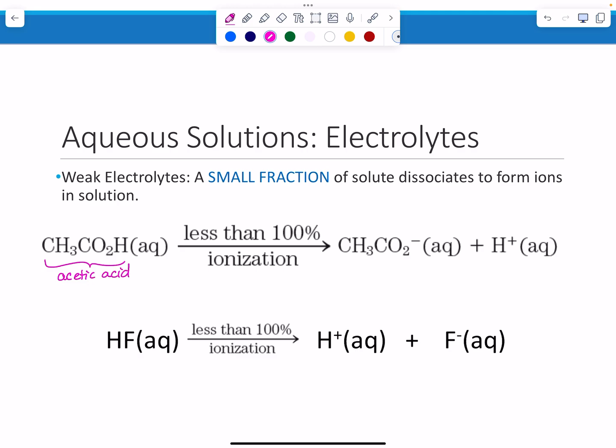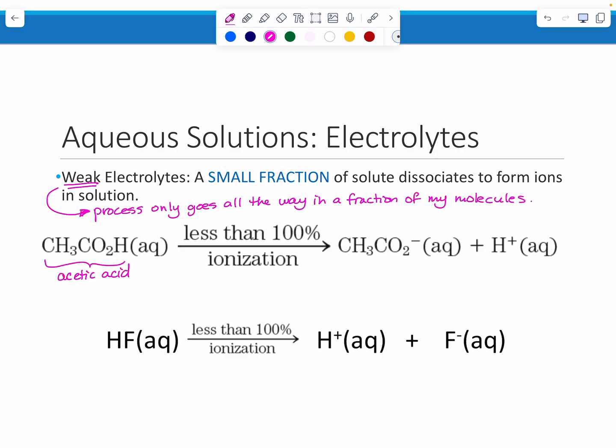And when we say something, again, is weak, it means the process only goes all the way in a fraction of my molecules. So the thing that we need to clarify is there's a difference between dissolving and being an electrolyte.